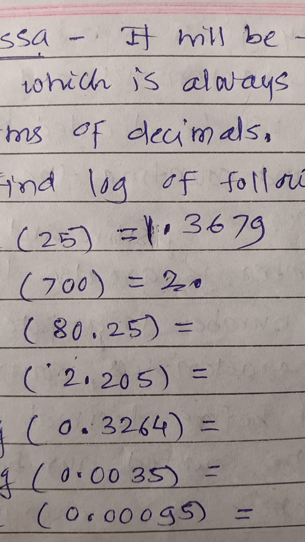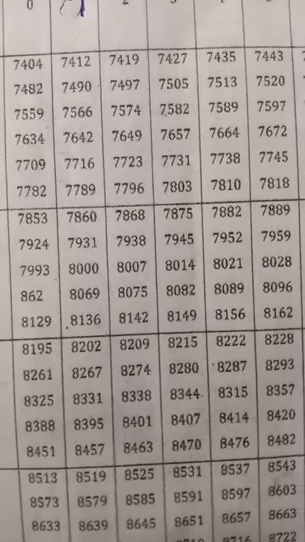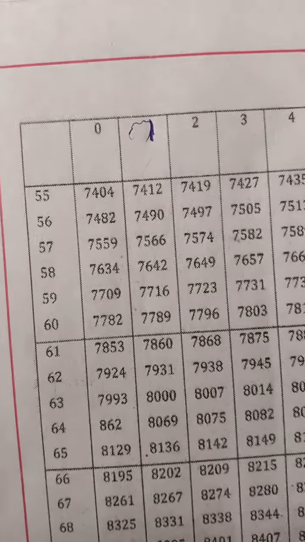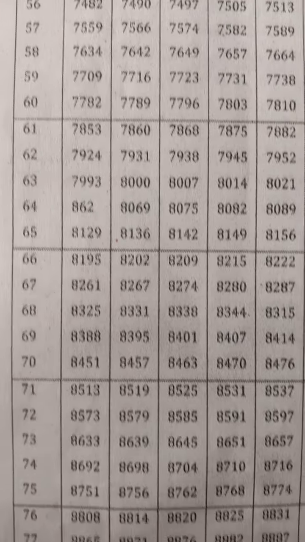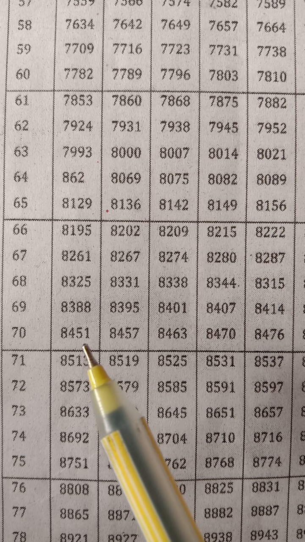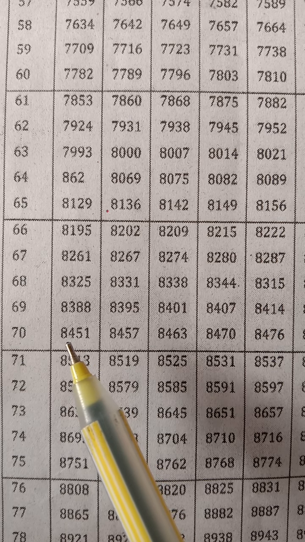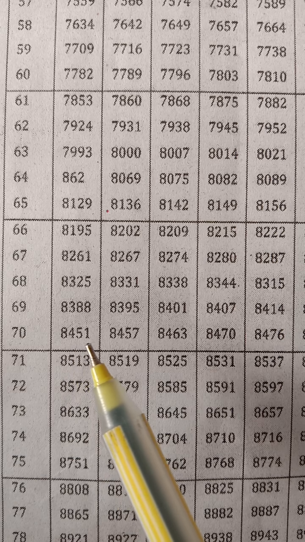And then 70, we will have to observe in this table where that 70 is, and here it comes out to be this 70. Again for that 70, after 70 there is 0, and therefore the mantissa is 8451.